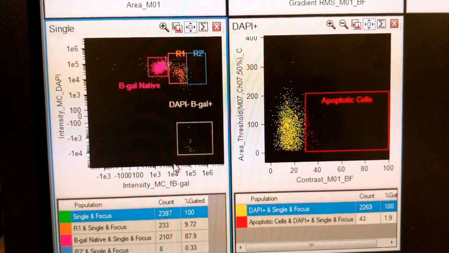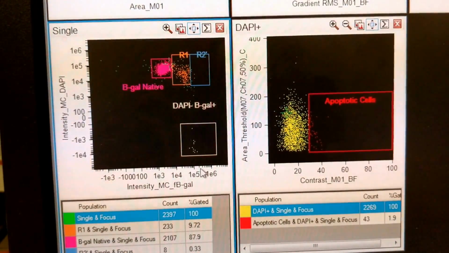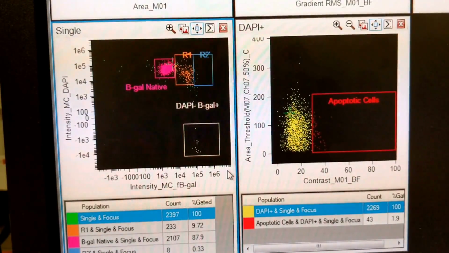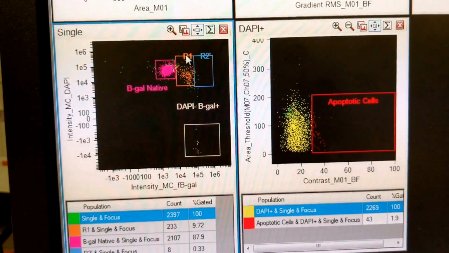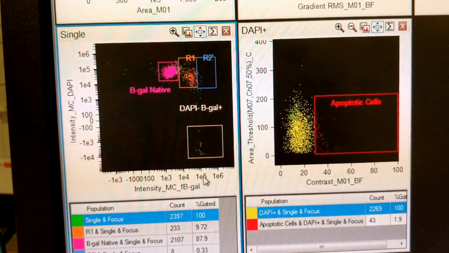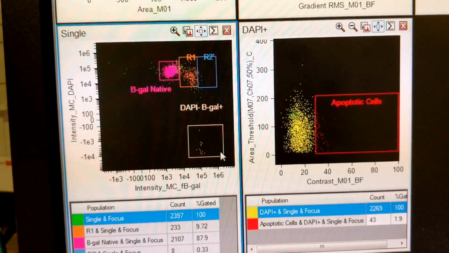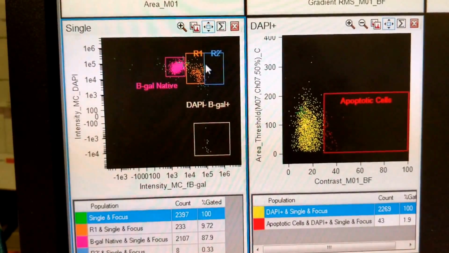R1 is the gate, so this will show me that the expression has gone up. As the expression goes up, the cell should move to the right. So I created one quadrant here called R1, which is e to the 4 to e to the 5, and then R2 as e to the 5 to e to the 6. For now, let's ignore the DAPI negative beta gal positive.